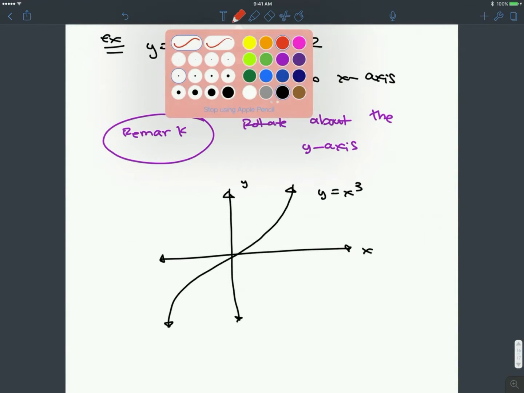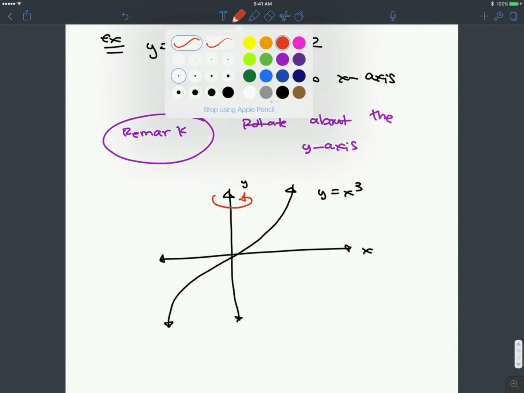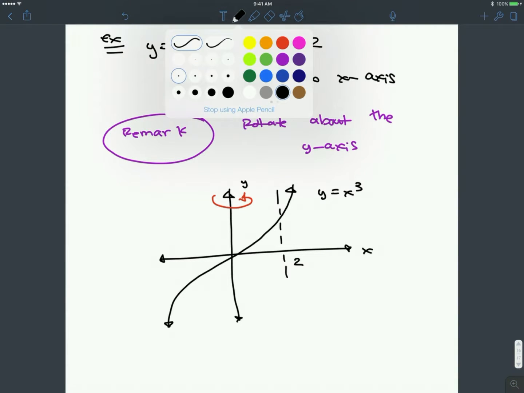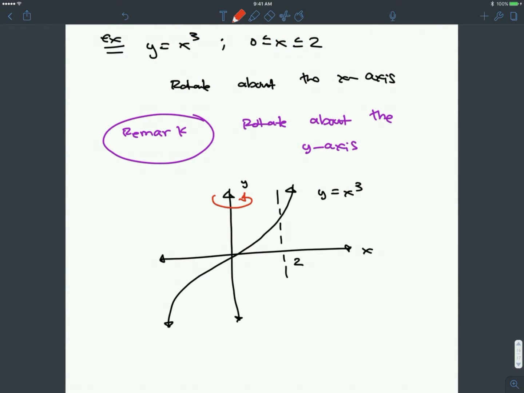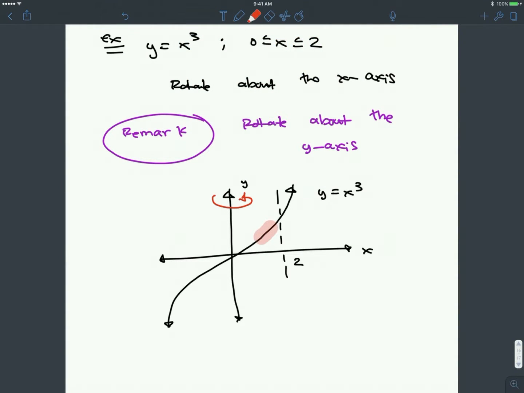And I want to remind you, based on our discussion earlier, that if we look at this interval 0 to 2, here's 2, and we rotate this curve, what we're looking to do here in red is there's going to be our increment ds. This is that ds. We're going to rotate this about the y-axis.